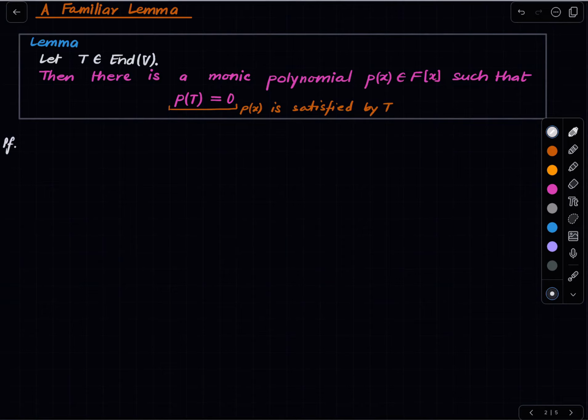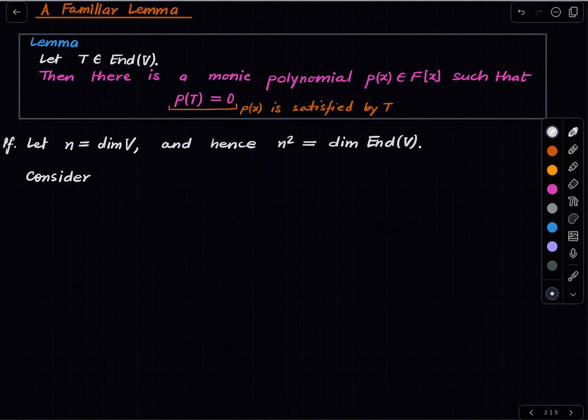So now, let n be the dimension of the base space, and hence n squared is the dimension of End V. And consider the following endomorphisms on V. And the point to note is that these are linearly dependent.